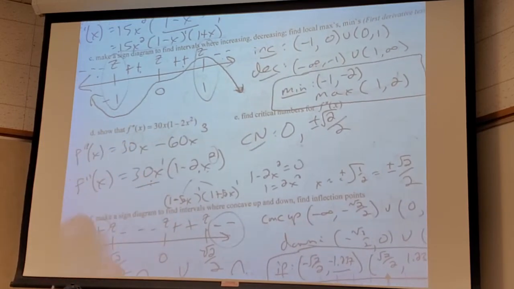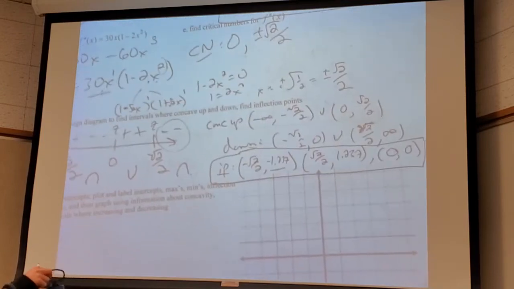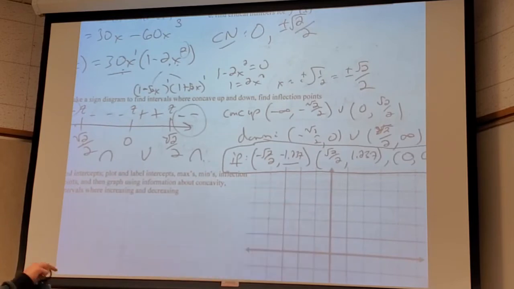So which equation are you plugging the negative square root 2 over 2 into? Right here, for the inflection point. That IP is a point on the graph. F, F prime, F double prime, which one tells me points on the graph? The first derivative?